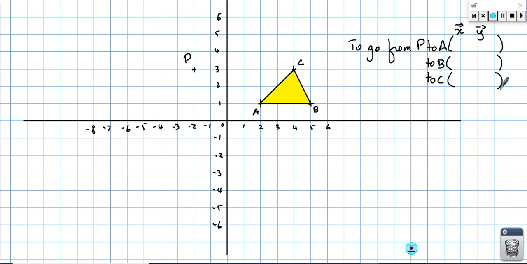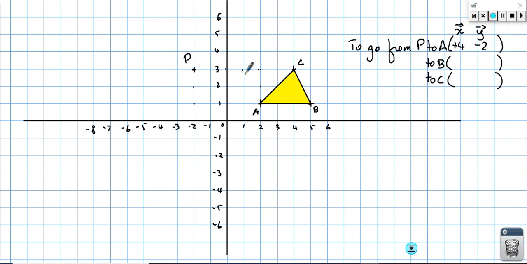From P to A, I need to move 1, 2, 3, 4 to the right, so +4, and I need to move 2 down, so +4 and -2.